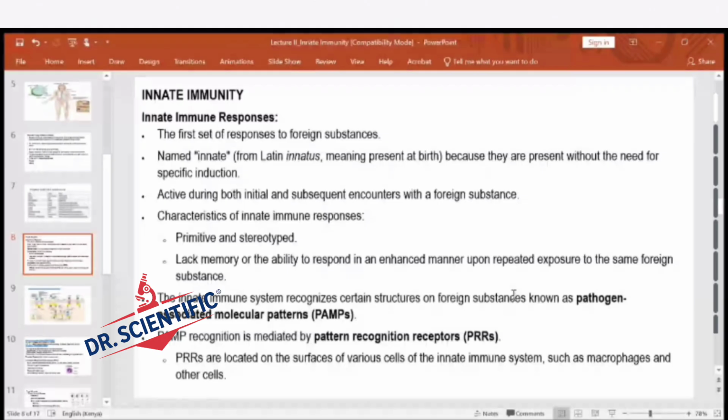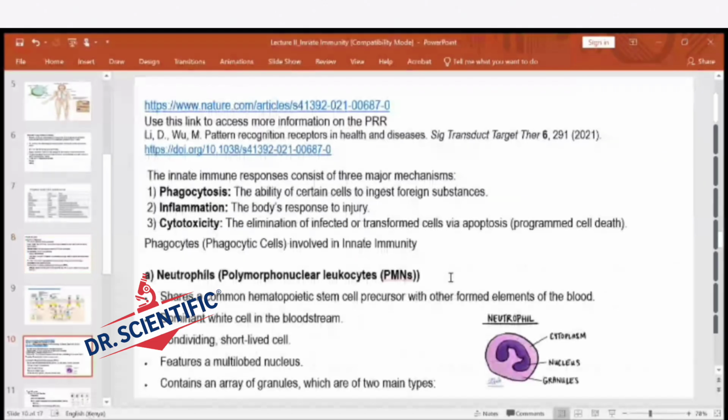These specific cells have PRRs, and these PRRs are able to recognize what? PAMPs. They're able to recognize PAMPs. Now, if the innate immune system has PRRs, if the innate immune system has its cells, I talked about neutrophils, I talked about macrophages, then it means the innate immune system has a mechanism for which it works. It has a mechanism for how it works.